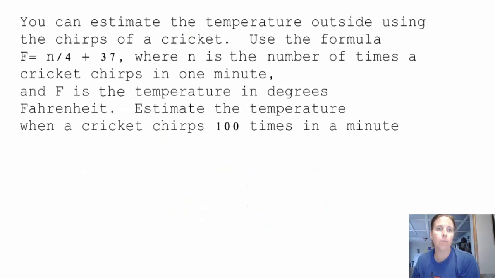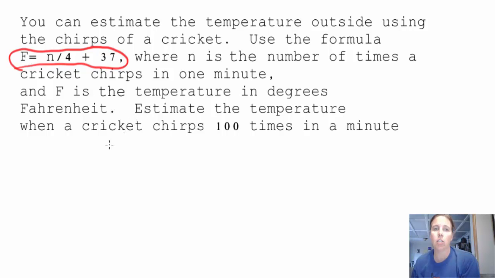Next example. You can estimate the temperature outside using the chirps of a cricket. Use the formula, they're giving us the formula right here, F equals N divided by 4 plus 37, where N is the number of times a cricket chirps in 1 minute and F is the temperature in degrees Fahrenheit.